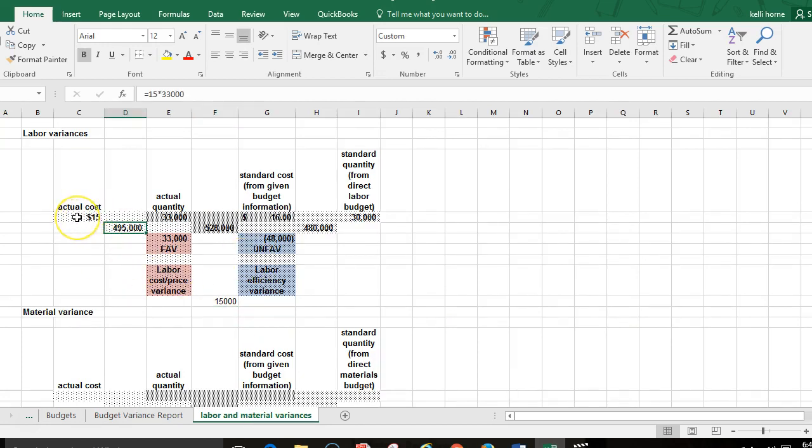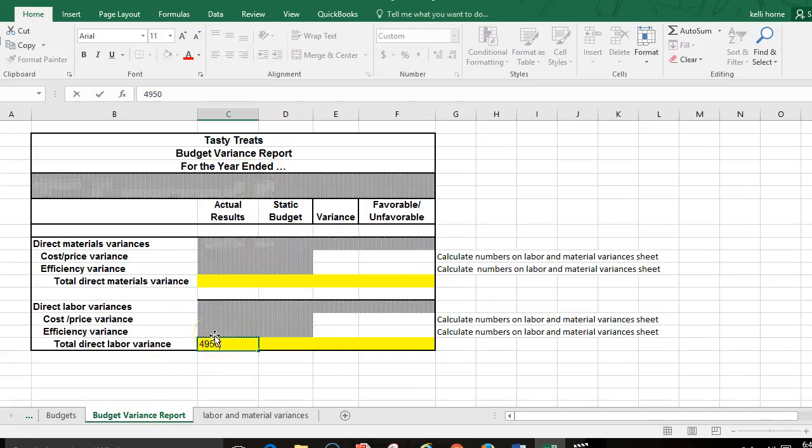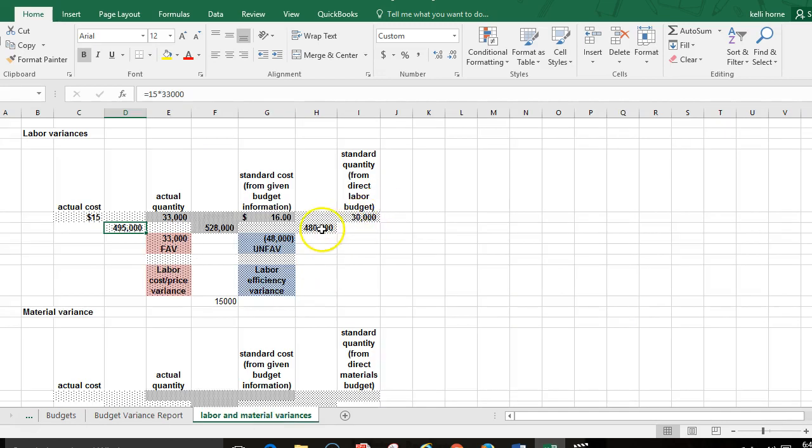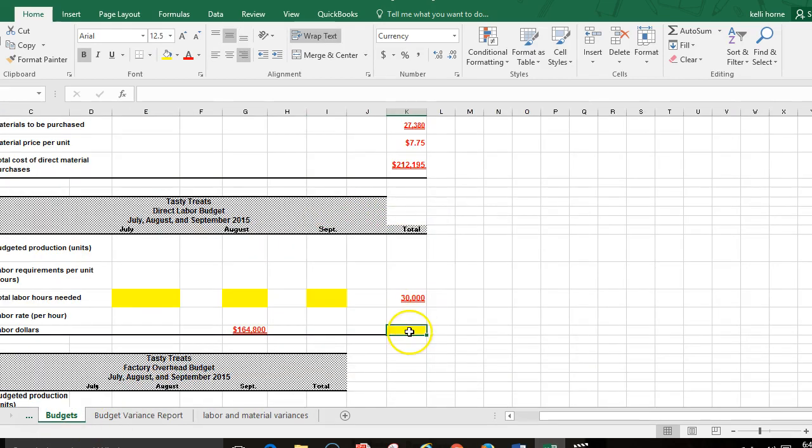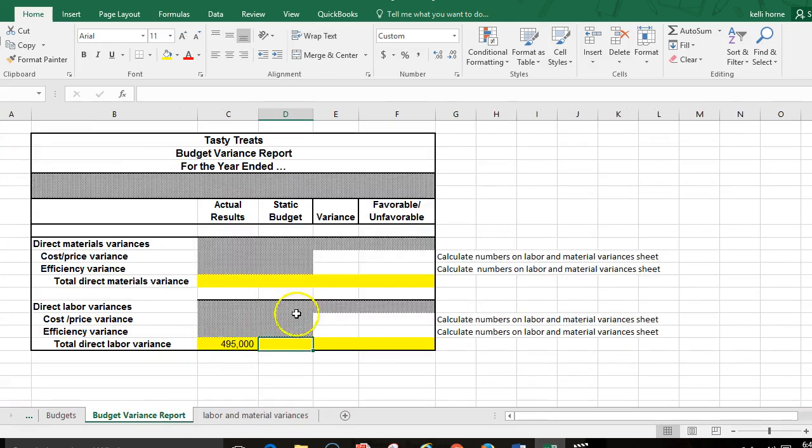Remember, you actually had a cost of 15 with a quantity of 33. So that was 495,000. Your static is the budget that you made at the beginning of the period. So you're going to come over here. Remember, that's your 480. If you go back over here to your budget, remember I told you this is your static budget that you've been working on all week or the last 2 weeks. So that's your static, and you're going to put that number in.